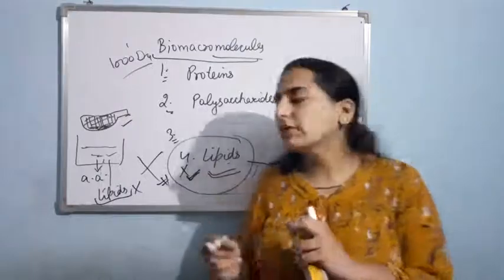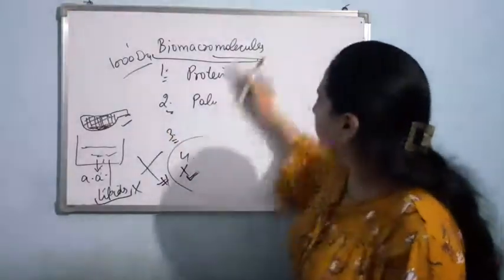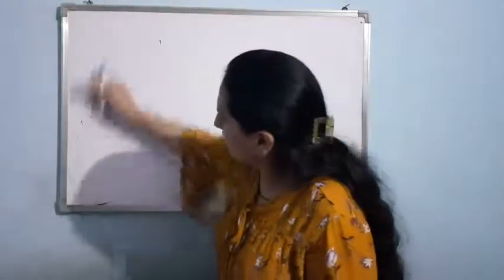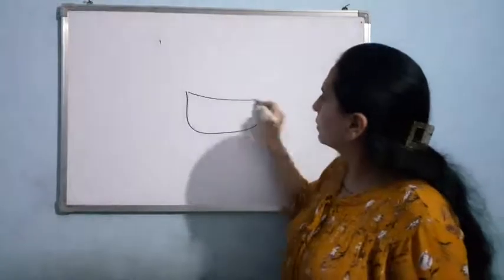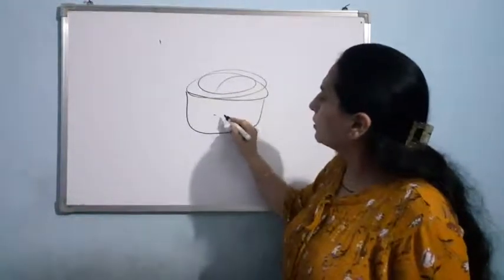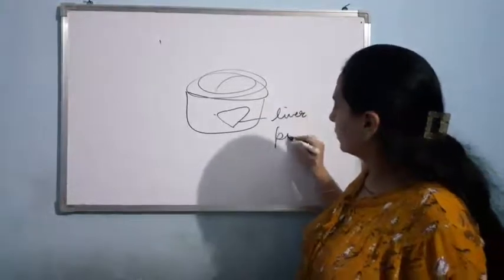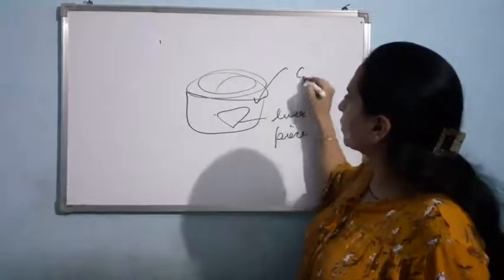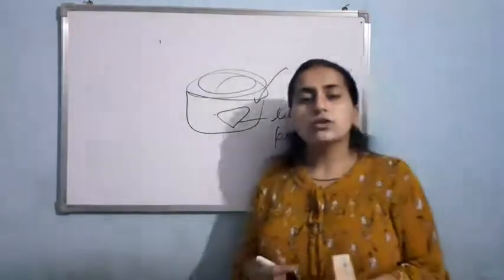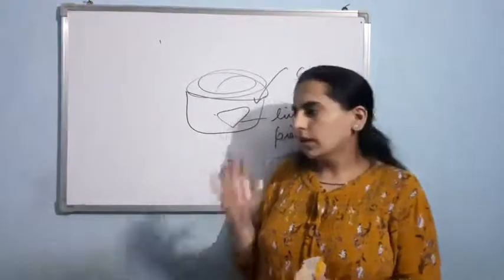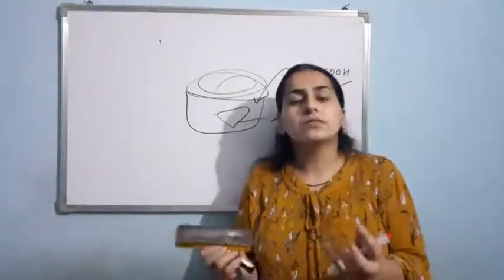So what happened when we are grinding? If you do remember this experiment, firstly, as you know, we have taken the liver piece and then we have added trichloroacetic acid. This we have done, right? And we have grinded it. So when you are grinding anything, what happened? This cell membrane used to get ruptured and it forms vesicle.